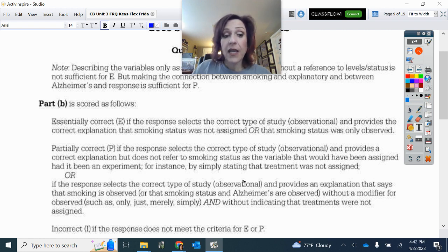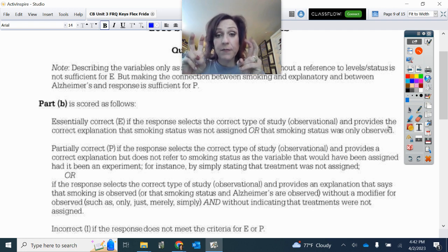And furthermore, if you look at this other partial description, if you say only smoking, but you were too generic, simply stating that there was not random assignment of the treatment to the subjects, that phrasing was not specific enough because it did not indicate smoking as the explanatory variable treatment.